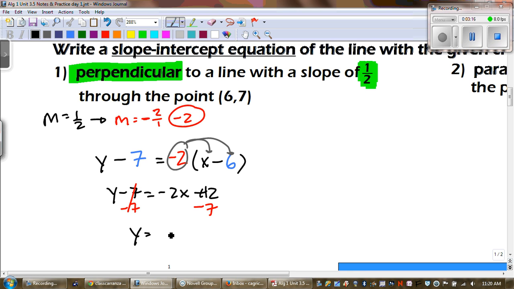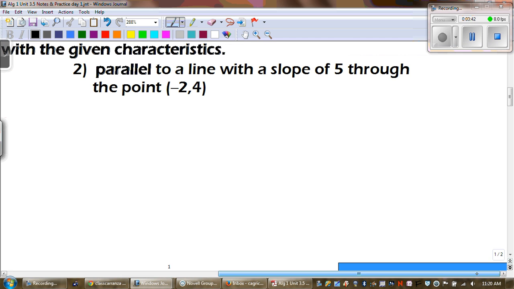And we get y equals -2x plus 5 is our final answer. Oh, guess what? We were supposed to add that. It's not plus 5. What is it? 19. Got to be careful with those small mistakes, guys. Okay?